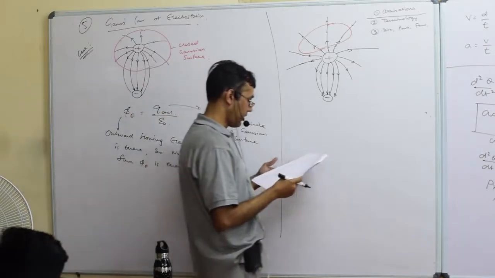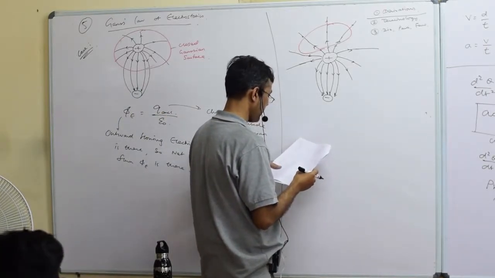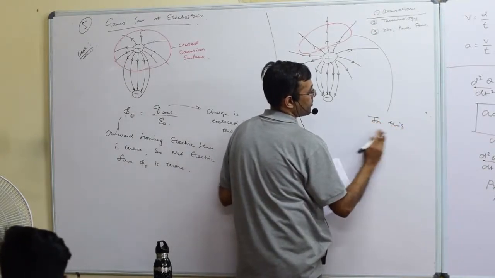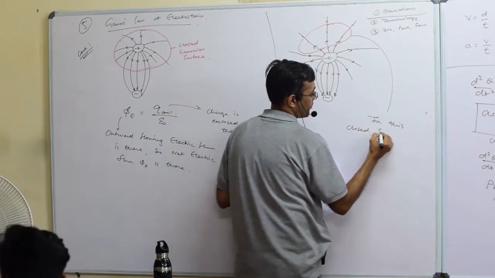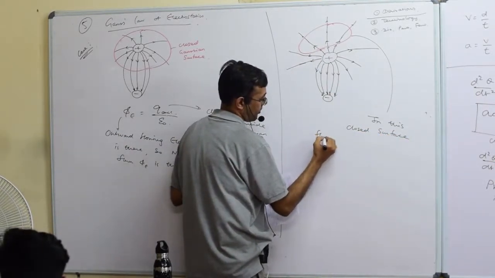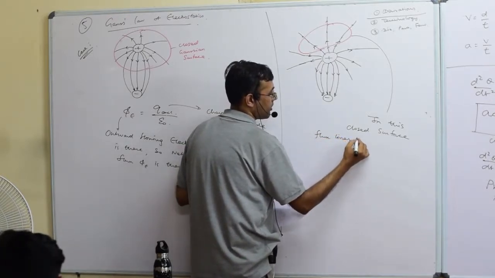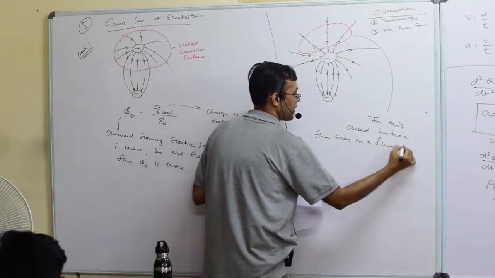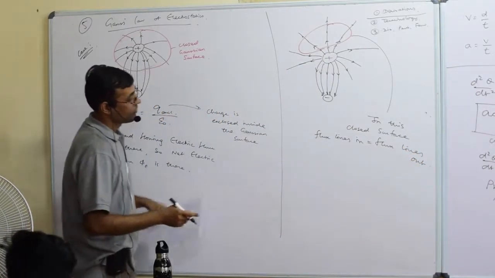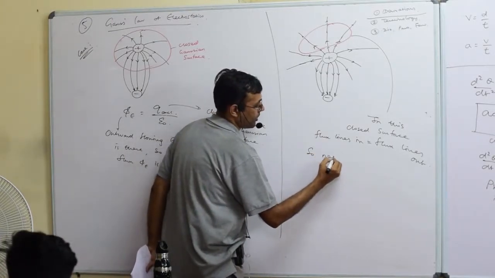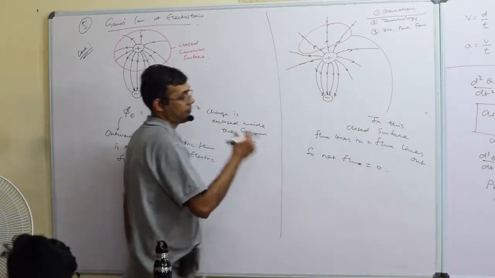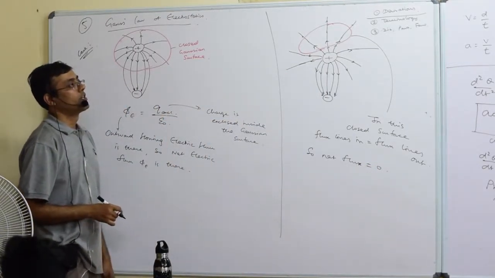So the net electric flux in this closed surface, flux lines in is equal to flux lines out. So I'm going to say the net flux is equal to 0, because whatever is coming in is going to go out.